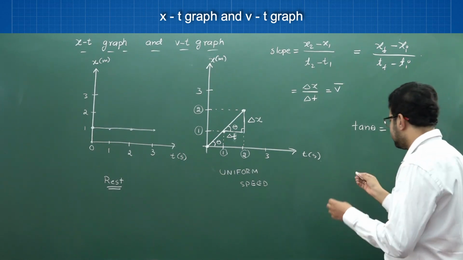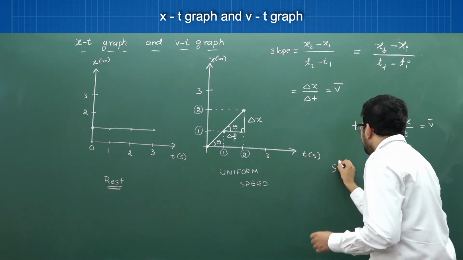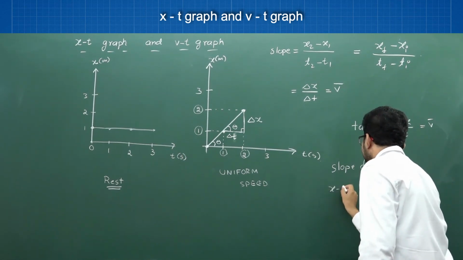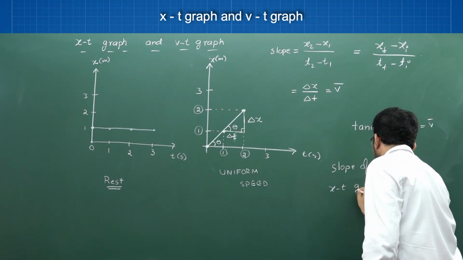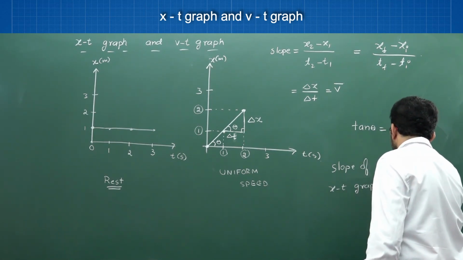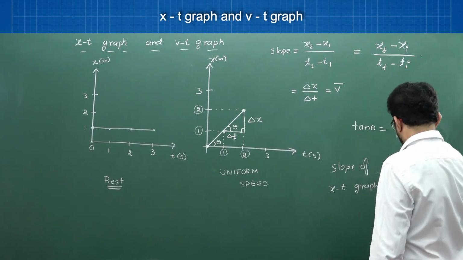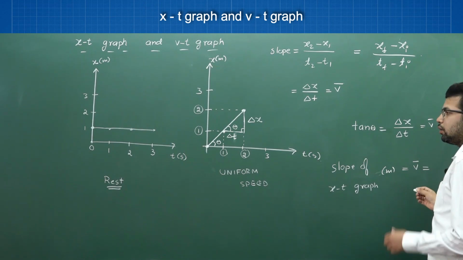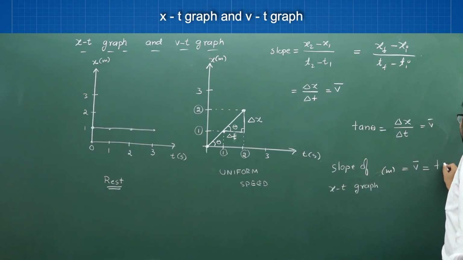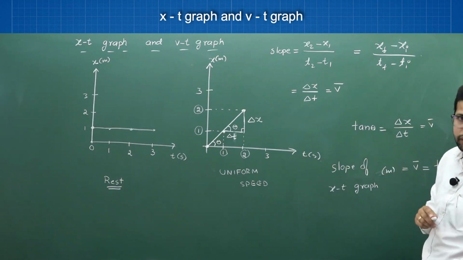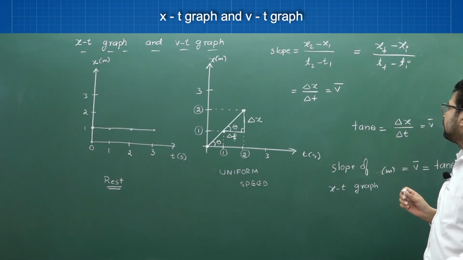So, what we have to observe is the slope of the xt graph, the slope of the position time graph represented by m, will give you average velocity, or it can also be calculated by calculating tan theta. Tan theta will give you velocity, or slope will give you velocity.